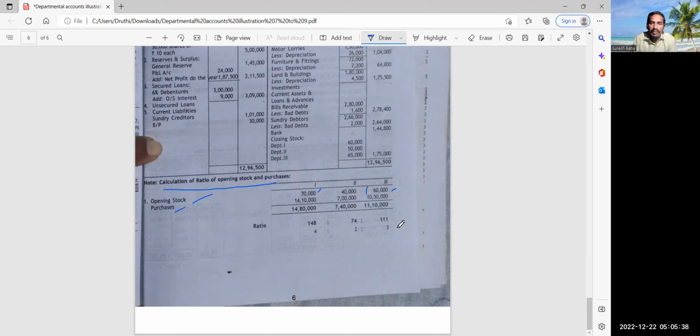Then subsequently, you need to reduce further, right? So when you reduce further, you get the ratio of 4:2:3.